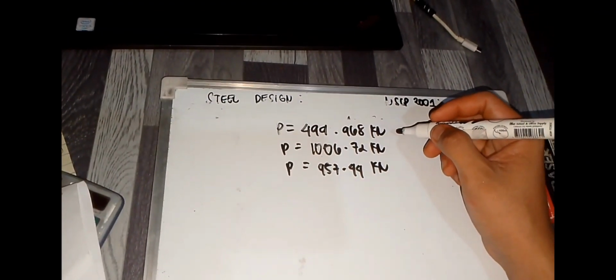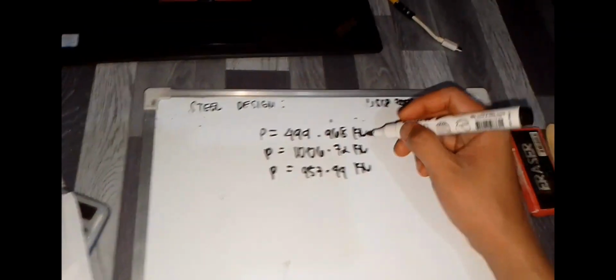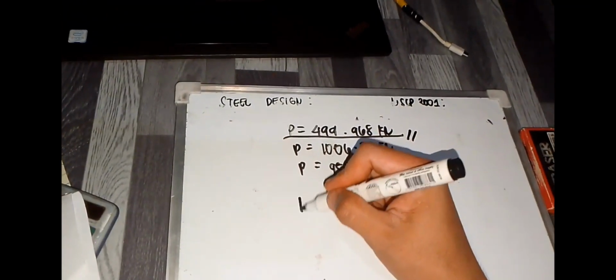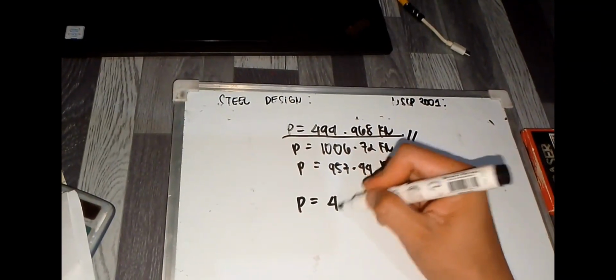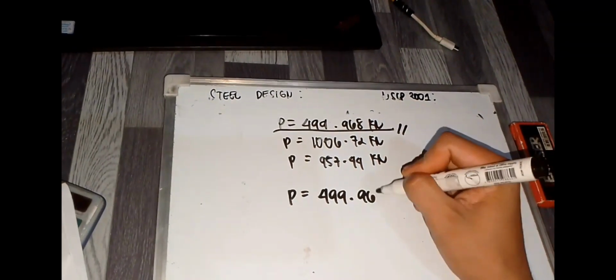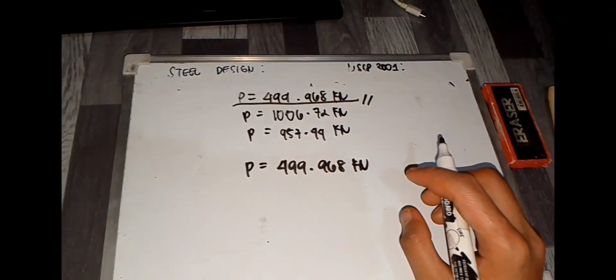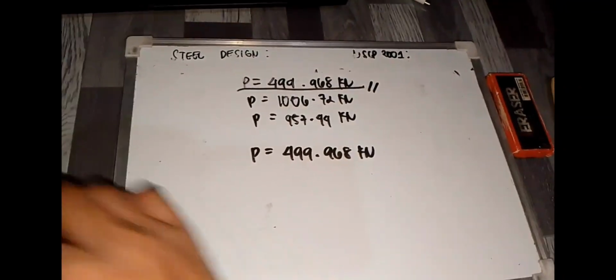So we must choose the smallest P. So our safe P is 499.968 kN.